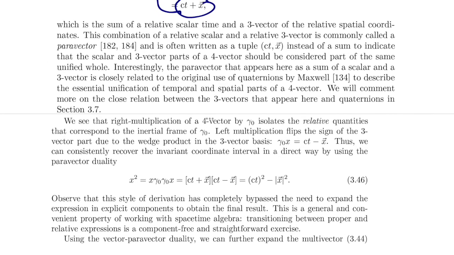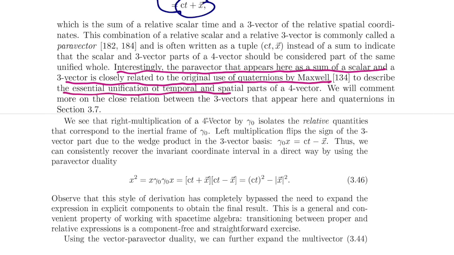Okay, interestingly, the paravector that appears here as the sum of a scalar and 3-vector is closely related to the original use of quaternions by Maxwell to describe the essential unification of the temporal and spatial parts of a 4-vector. We will comment more on the close relation between 3-vectors that appear here and the quaternions in section 3.7.